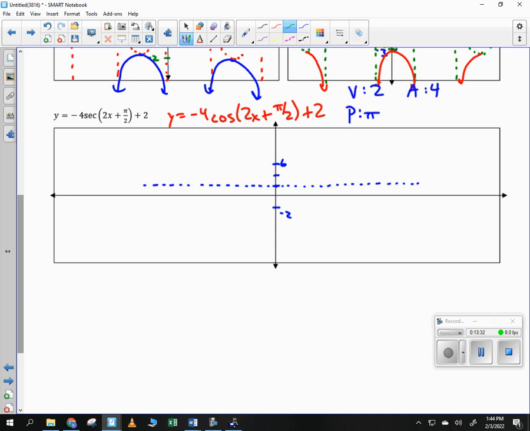Again, I'm not going to use the whole space. I don't need all of it. Got pi over 2, pi over 4, 3 pi over 4, -pi, -pi over 2, -pi over 4, -3 pi over 4.